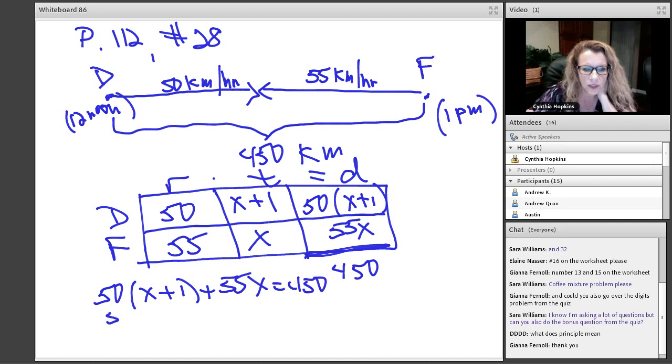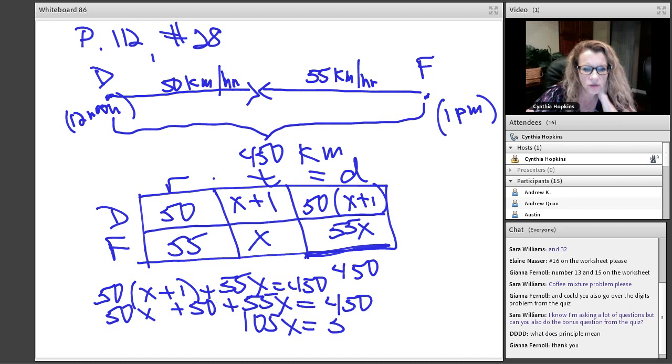When I distribute, I get 50X plus 50 plus 55X equals 450. My X's add up to 105X equals 500. And I just divide both sides by 105. 500 divided by 105.